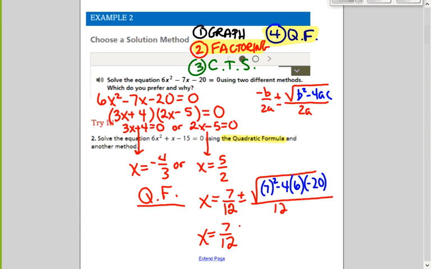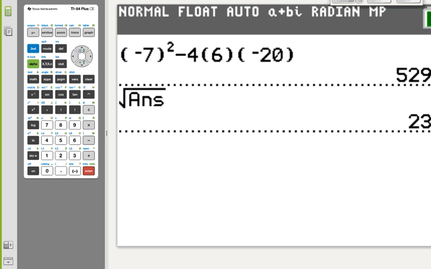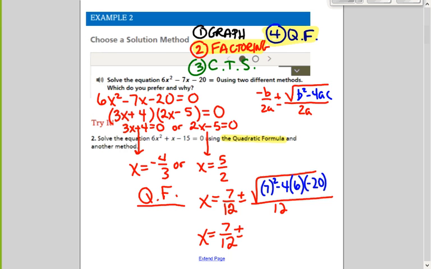That's going to end up adding, right? So I think I still have it on my calculator here. There it is. Is it the 529? B squared? Yeah, there it is. 529 should be what you get right here in blue. All right, that part under the radical is 529.